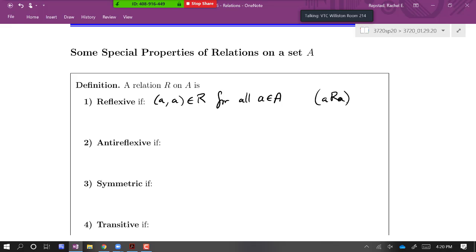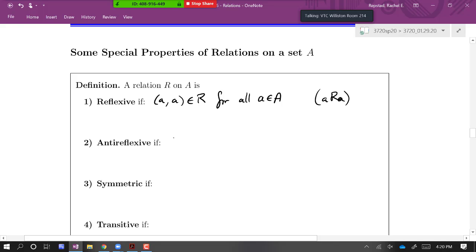Now, a relation could be reflexive, or it could not be reflexive. For a relation to just be not reflexive, it just means there's at least some element not related to itself, so the for all doesn't hold. It's also possible for a relation to be super extra not reflexive. We call that anti-reflexive, and that means nothing is related to itself.